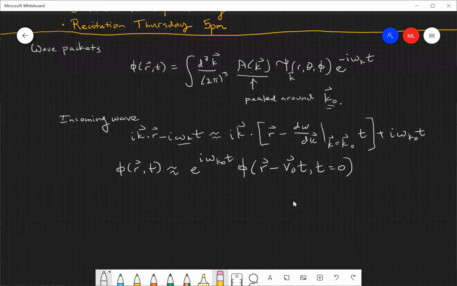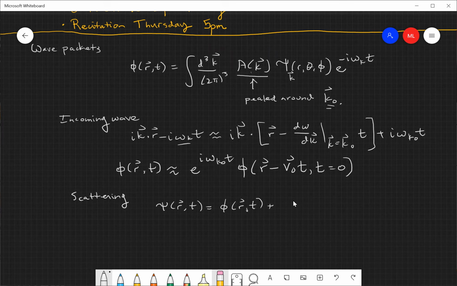If you want to look at the scattering part, it's also pretty straightforward, because all you need to do is just replace. We know that the full solution is going to be what it is for the plane wave plus the solution that you would get for the scattered portion.